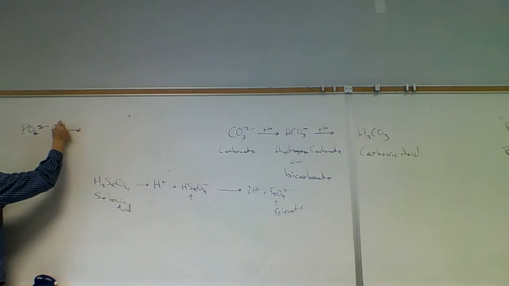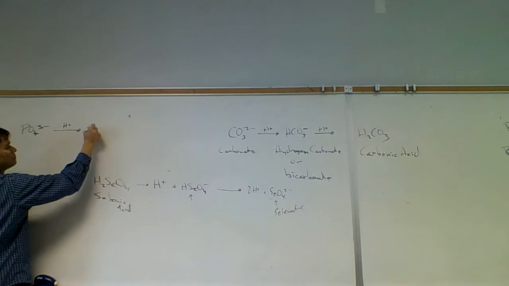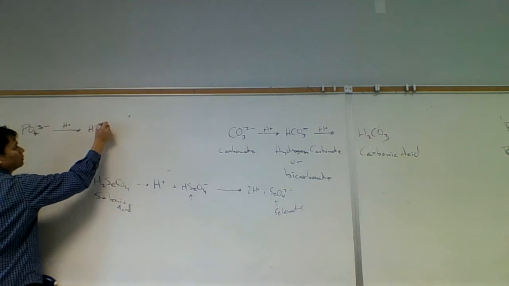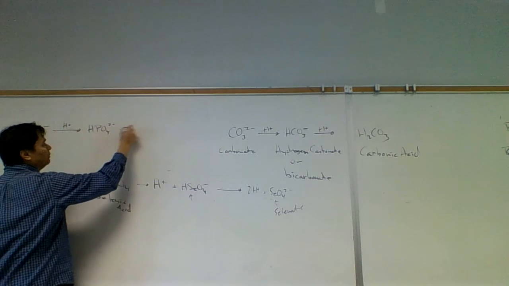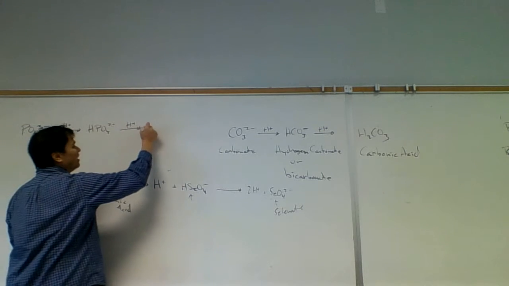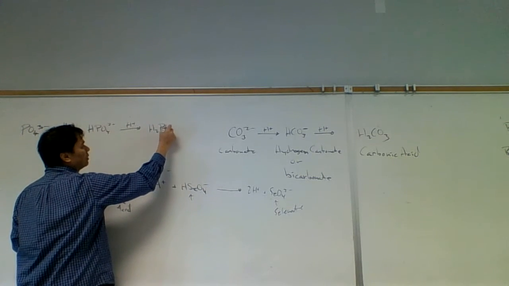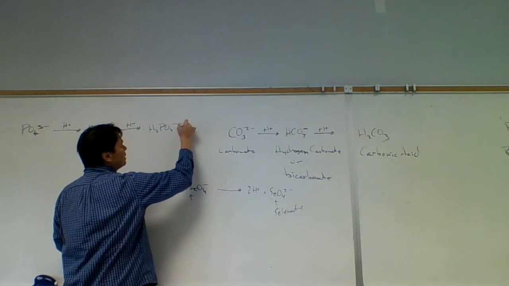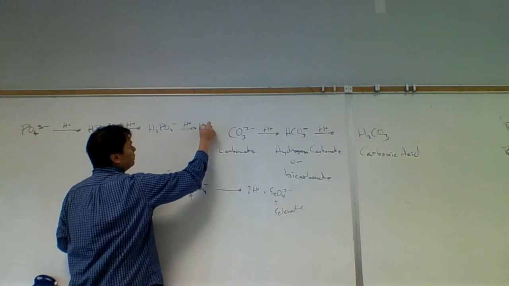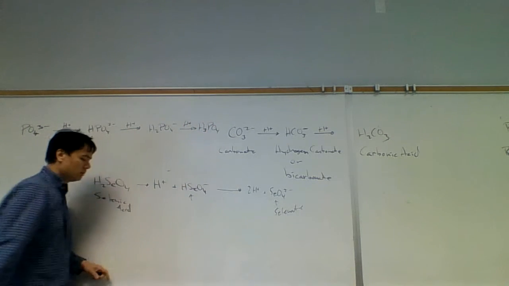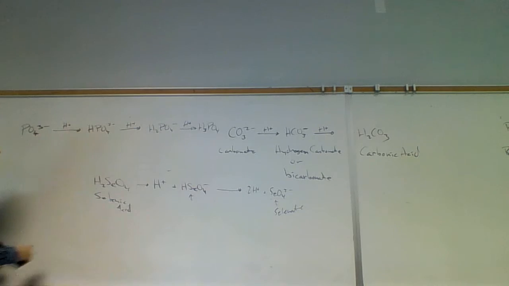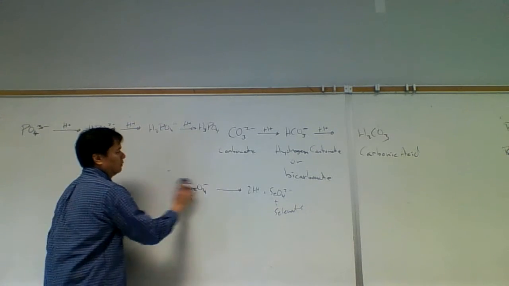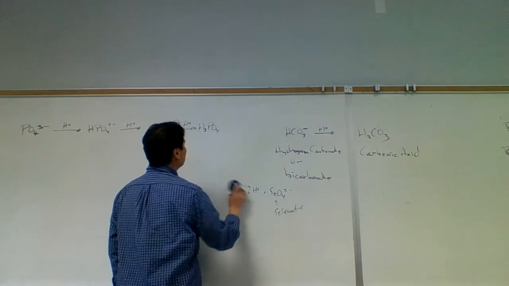If we add just one H plus, we'll have HPO4 2 minus. If we add a second H plus, we'll have H2PO4 minus. If we add a third H plus, we'll have H3PO4, which is called phosphoric acid.